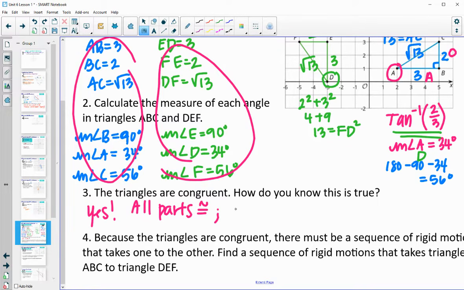You also could have said side, side, side, since all 3 sets of sides are congruent. You could have seen side angle side if you looked at the 2 horizontal and vertical sides, and then that 90-degree angle between them would have given you side angle side. Once you found all these angles, you also could have seen angle side angle. So there are a lot of different justifications for that.